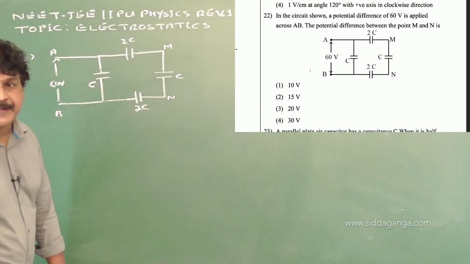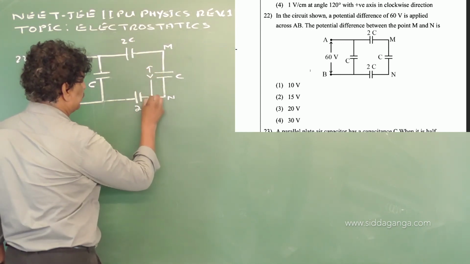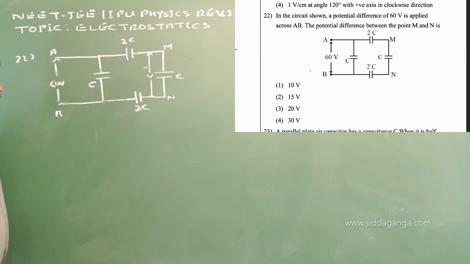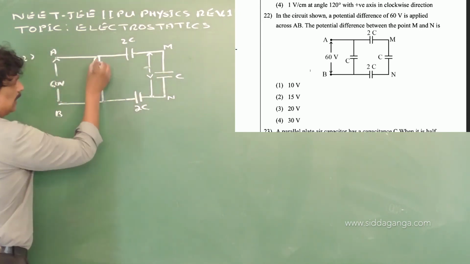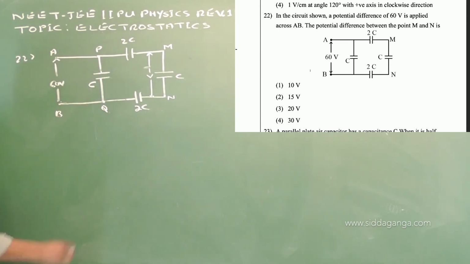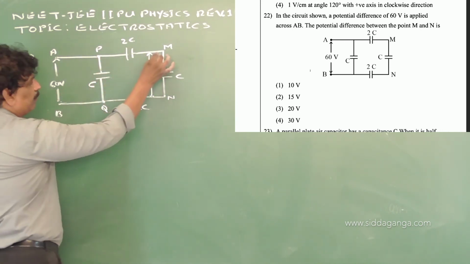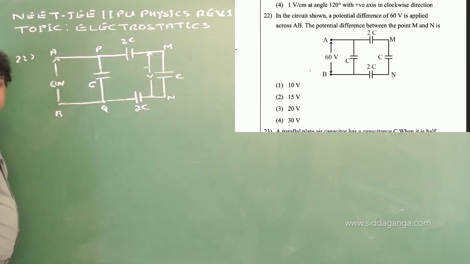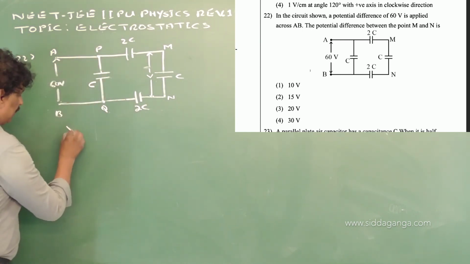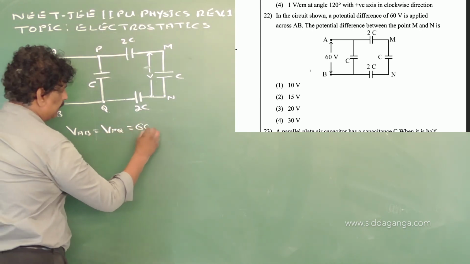We need to find the potential difference between the 2 points M and N, that is across the plates of capacitor C. Let us take this point as P and this point as Q. The potential difference across PQ is equal to 60 volt, and therefore potential difference across MN is equal to potential difference across PQ, which is 60 volt. So potential difference VAB is equal to VPQ is equal to 60 volt.